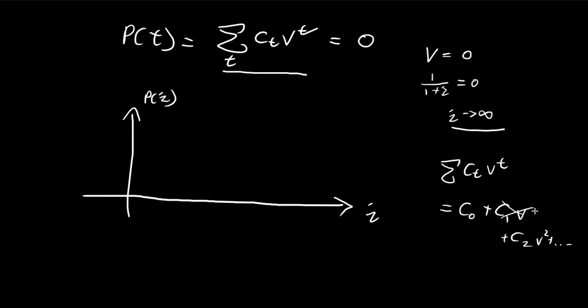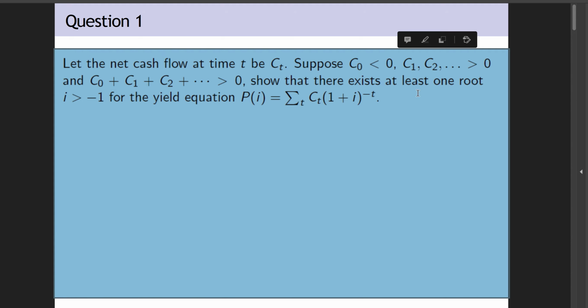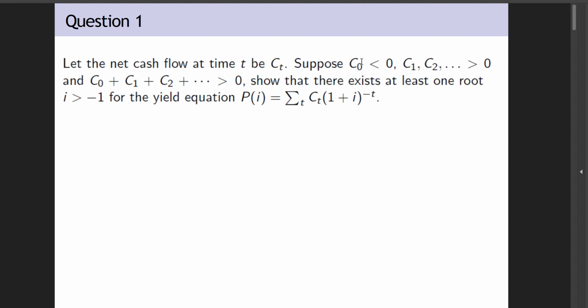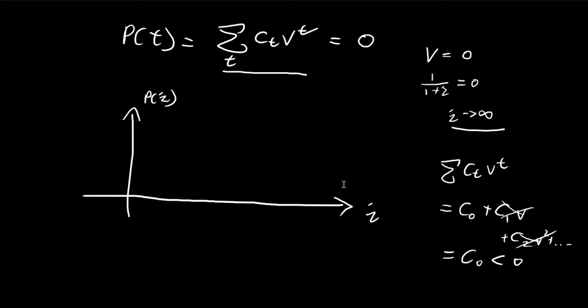All these subsequent payments we can disregard, because when I is tending to infinity, v is equal to 0, and all these terms will be equal to 0. So all we're going to be left with is C0, which we know is smaller than 0, because this is one of the given conditions of the problem. So we know that when I is tending to infinity, the function is somewhere here in the negative region.